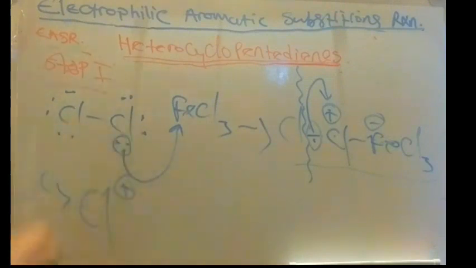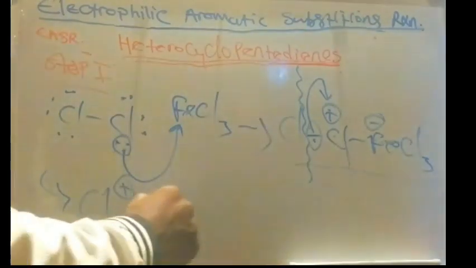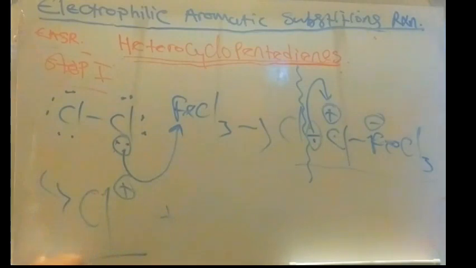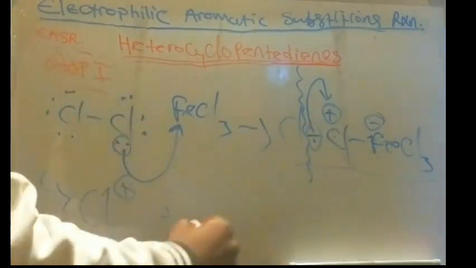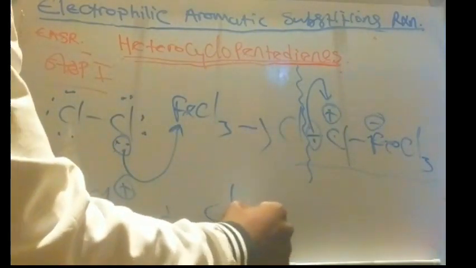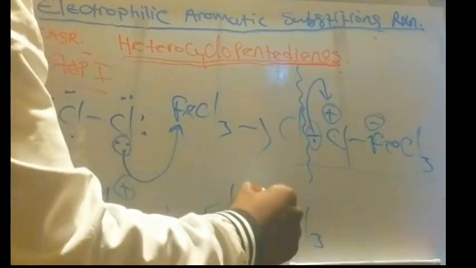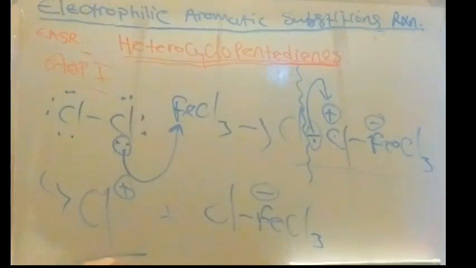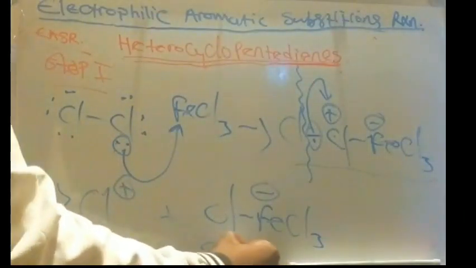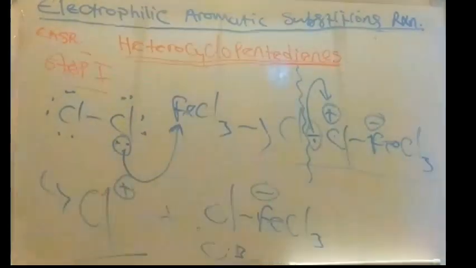So we produce a positively charged chlorine atom. This is our electrophile, plus this molecule here, chlorine iron tetrachloride, where the iron is relatively negative charged as our conjugate base. These are the results of the first reaction.